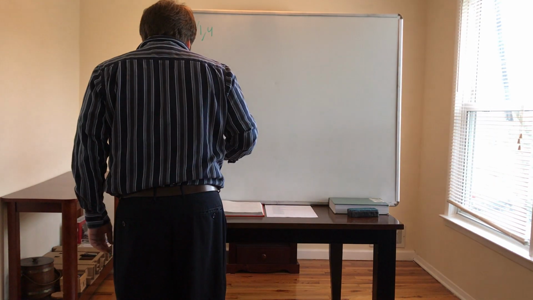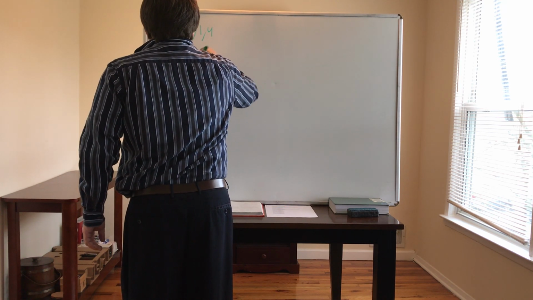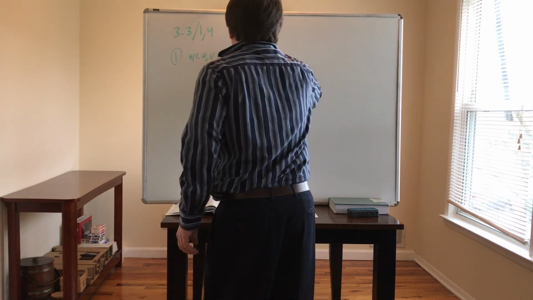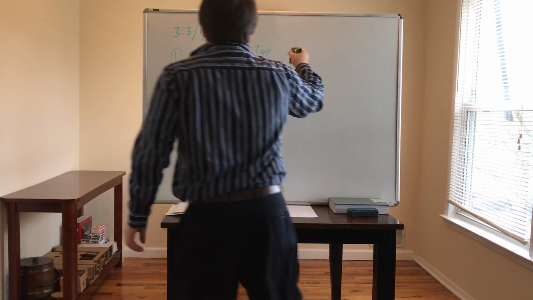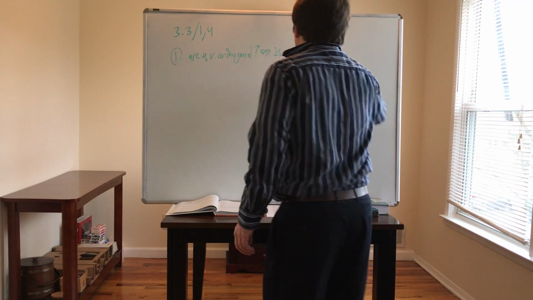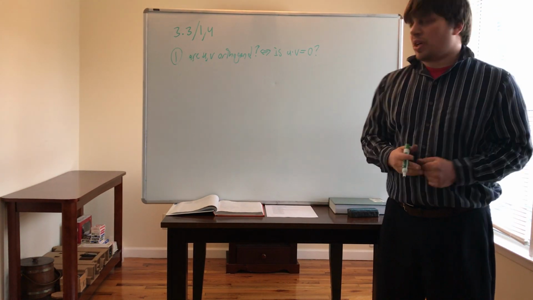So the question is, are u, v orthogonal? That's equivalent to asking the question, is u dot v equal to 0? When two vectors are orthogonal or perpendicular, the dot product is 0.